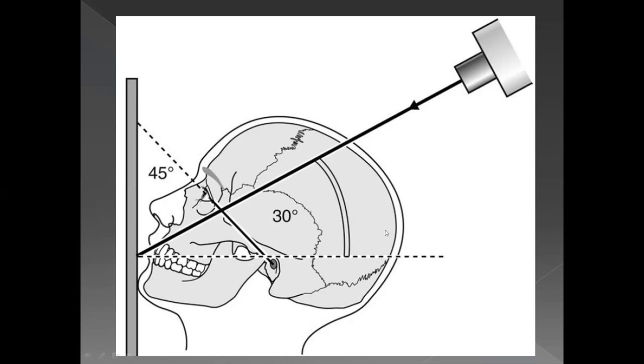Again, you should appreciate the fact that since we've taken the X-ray beam upwards, we are avoiding the superimposition of all the dense bones of the skull which are present over here. In this way, we can see quite clearly what the anterior part of the face would look like, and we are avoiding the superimposition of the structures present at the base of the skull.